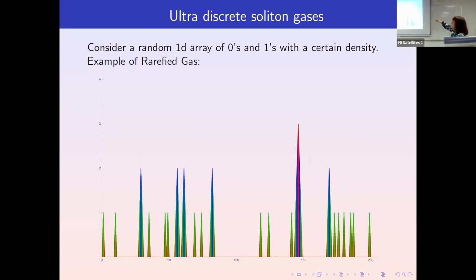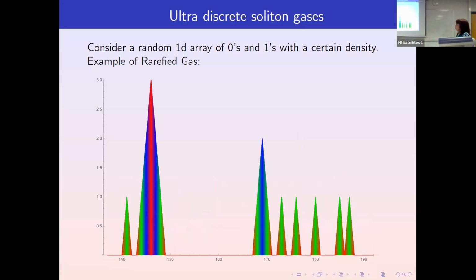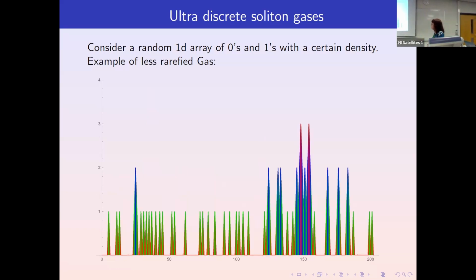So I'm going to assume I've got a random array. I can do this with non-integer size things. So this is a random array of solitons, some size 1, some size 2, some size 3. This is just a blow up of the bit in the middle.